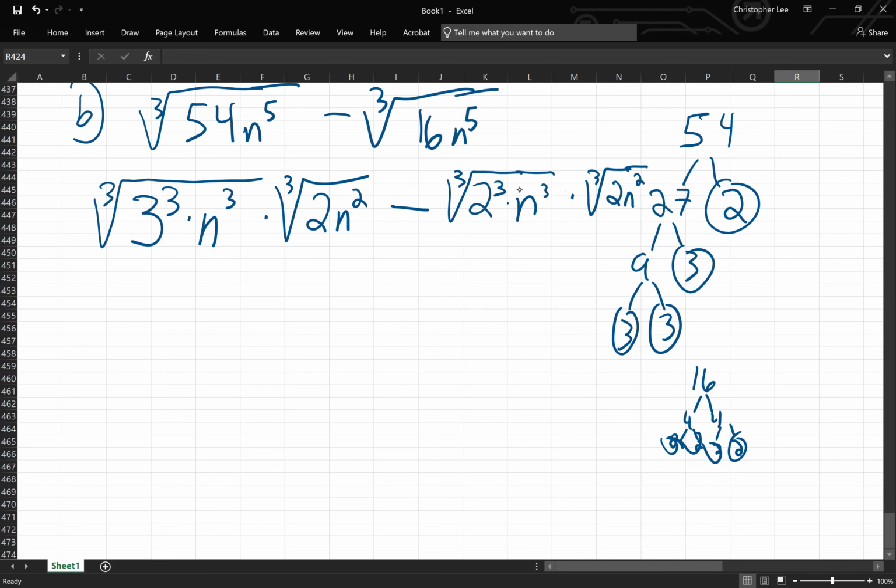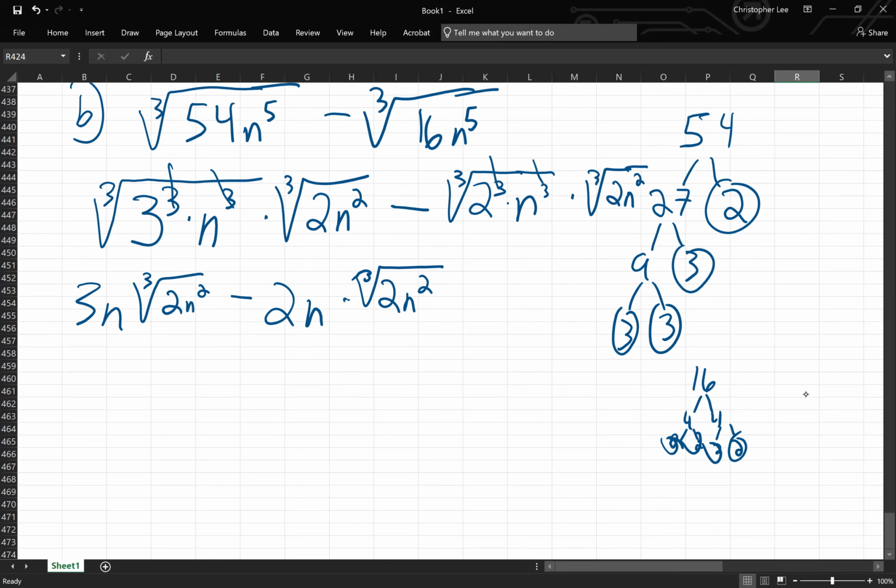All right, let's see what we have. These will cancel. So I have 3n cube root of 2n squared minus 2n times the cube root of 2n squared.